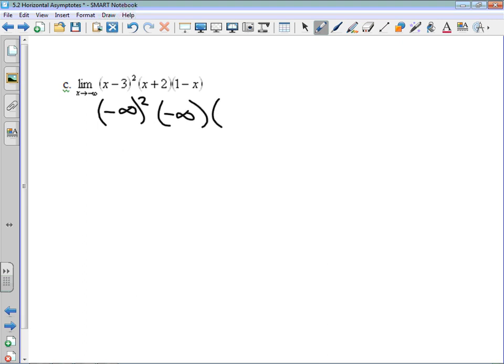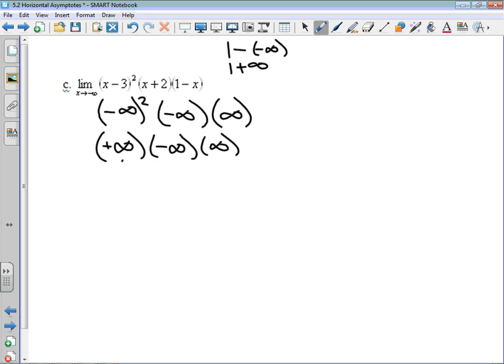So if I talk about 1 minus negative infinity, this is the same thing as 1 plus infinity. We can multiply infinities, we can't add or subtract them. And so in my last bracket, I would have infinity again. Well, negative infinity squared is positive infinity times negative infinity times positive infinity. A positive times a negative is a negative, and then a negative times a positive is a negative.